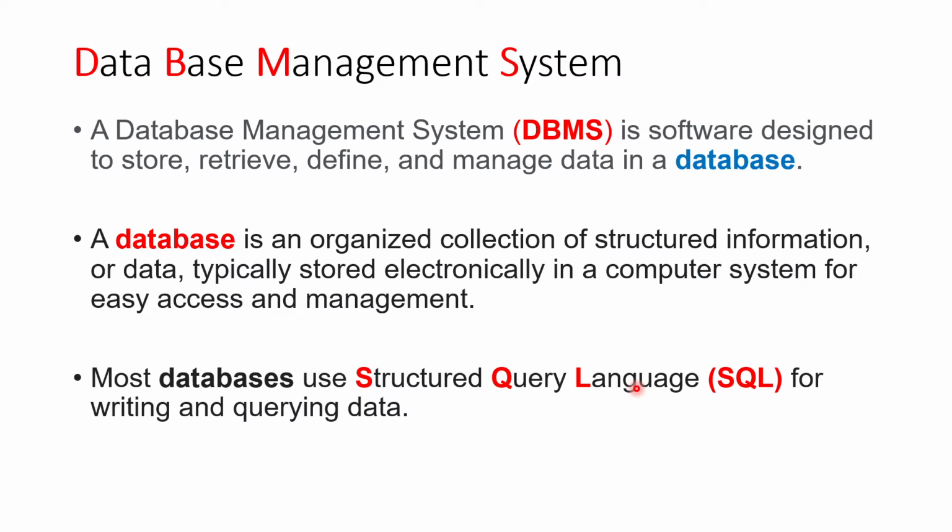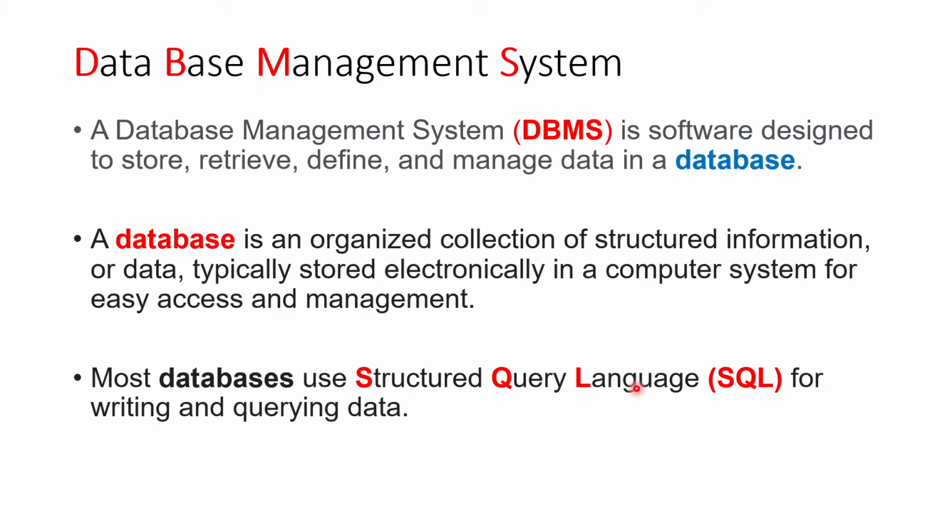So one thing is clear, that this DBMS is basically for storing and managing data. But where is it stored? It is stored in a database. So DBMS is a software and the database is the actual storage.